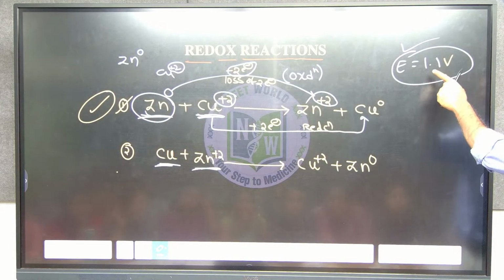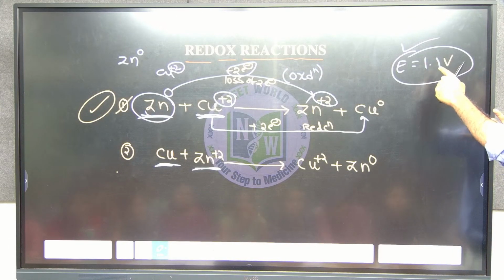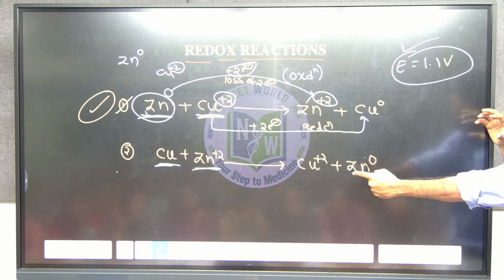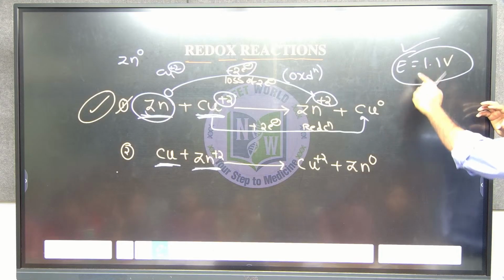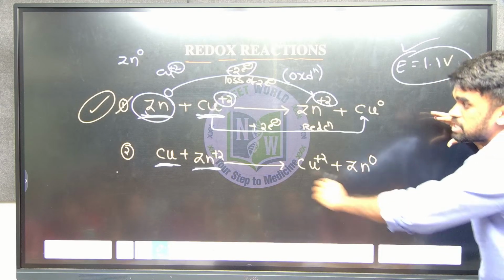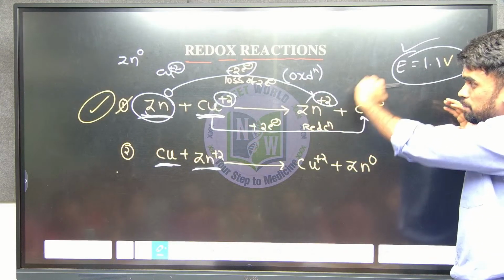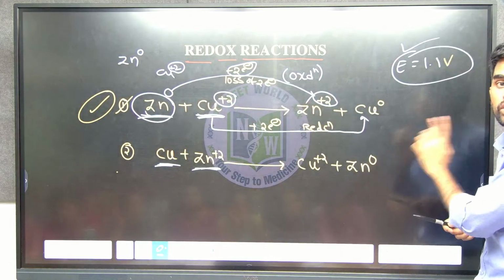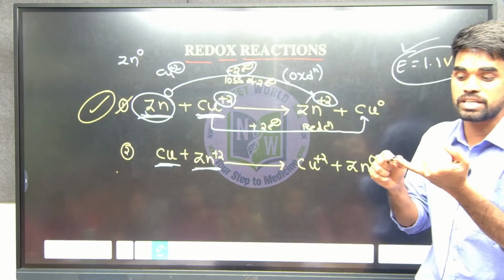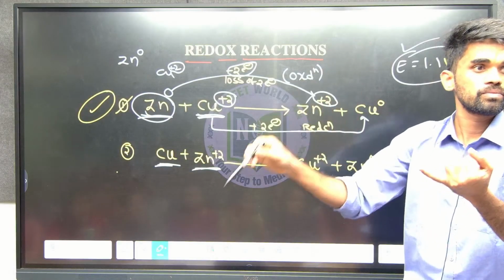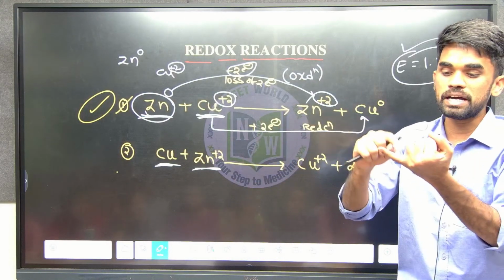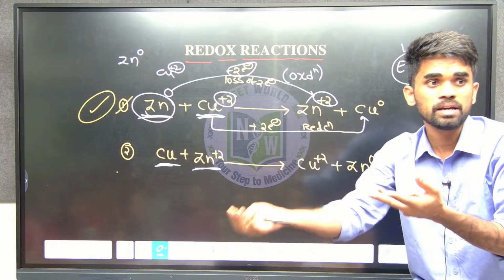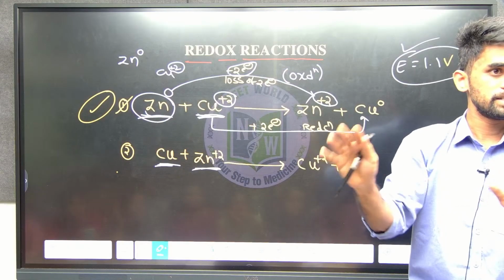I will apply energy greater than this, say 2 volts of energy, to this reaction. When I apply this much energy, the reaction goes in the opposite direction. It means this reaction is going to happen. A non-spontaneous reaction can be achieved by applying energy. A spontaneous reaction produces energy; a non-spontaneous reaction happens by applying energy. Is this clear?